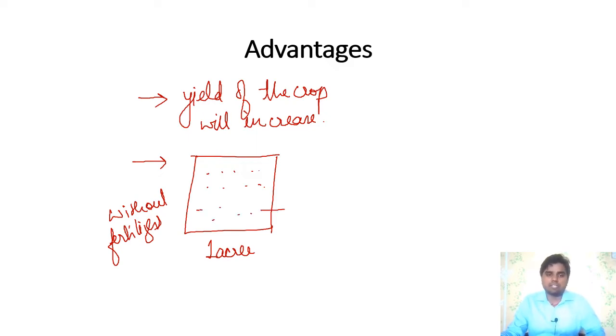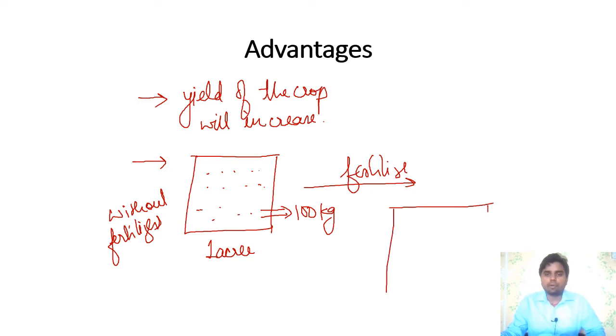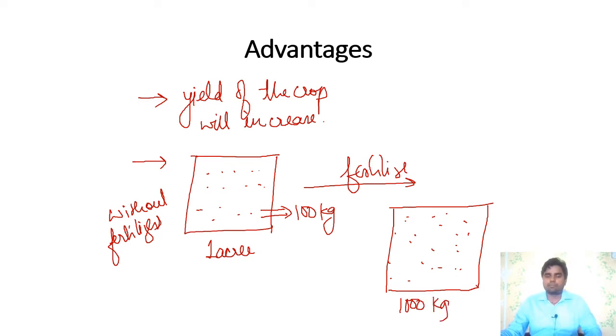So the harvesting would be only 100 kg, let's say. But after adding this fertilizer, what will happen? The total yield from the field will increase up to 10 to 20 times. So it can be 1000 kg from 1 acre of field.